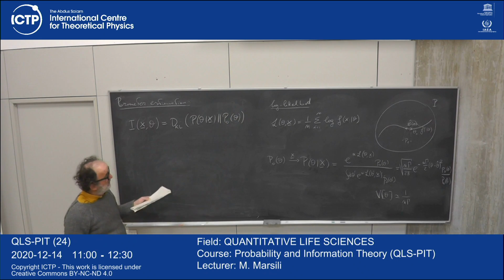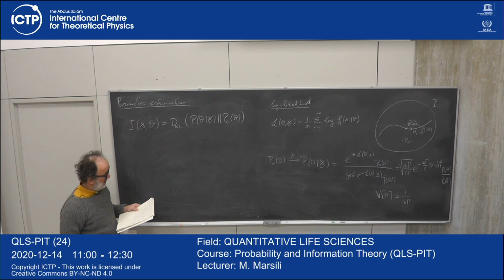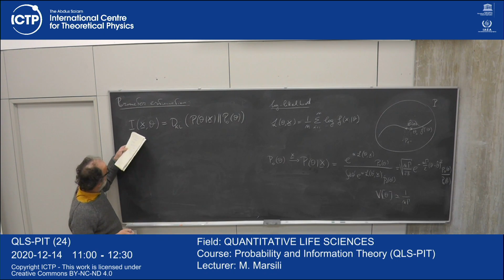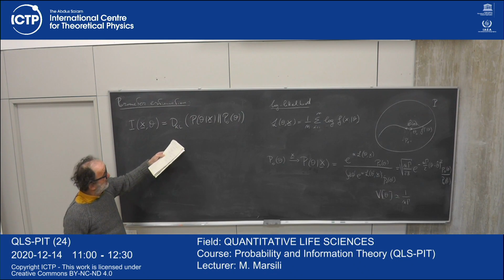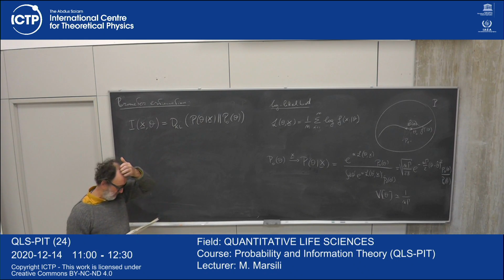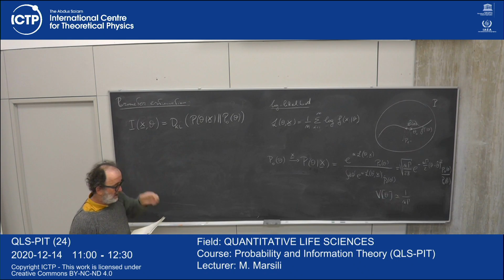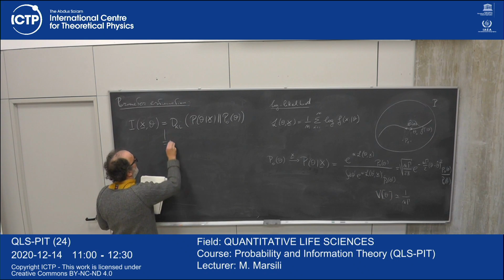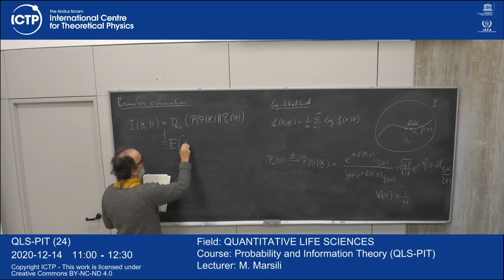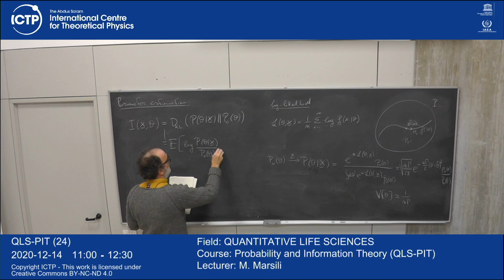Okay, so this is a very simple calculation, because I remind you that the mutual information is a Kullback-Leibler divergence between the joint distribution and the factorized distribution, and it can also be written in this way. So this is essentially the expected value of the log of P of theta given x divided by P0 of theta.